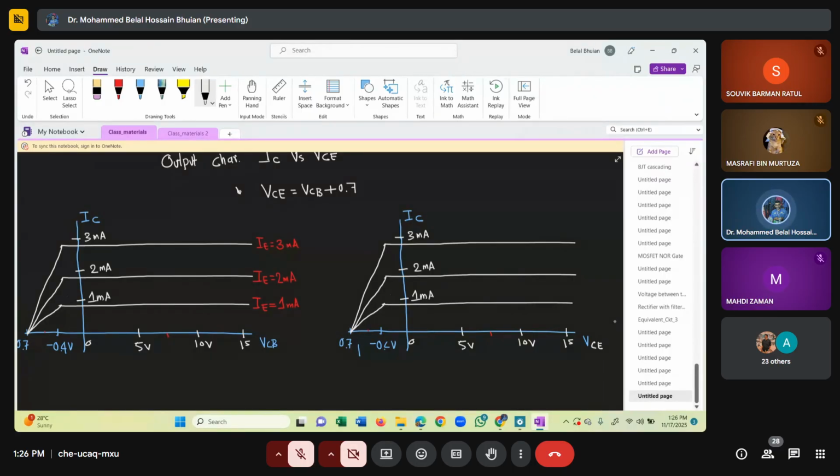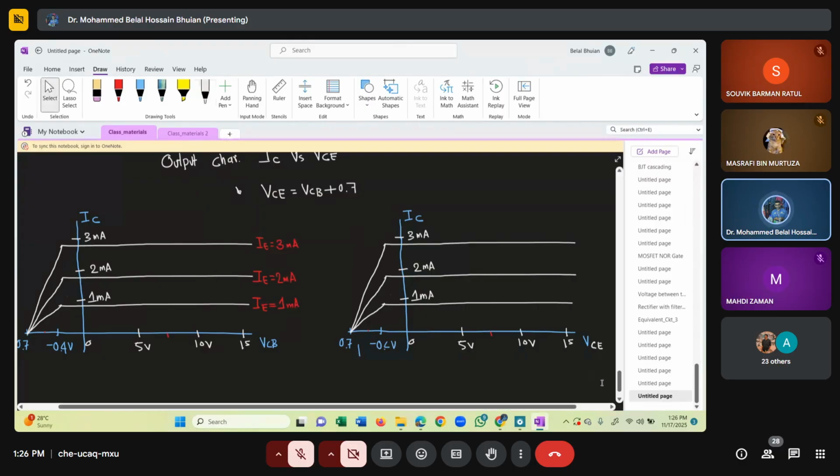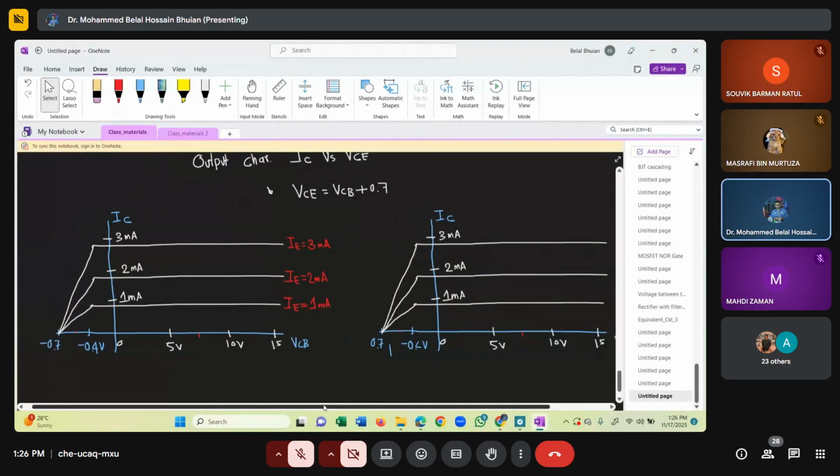If I add VCB with 0.7, we get VCE. So if I add 0.7 to minus 0.7, that gives us 0. So this starting point will become 0.